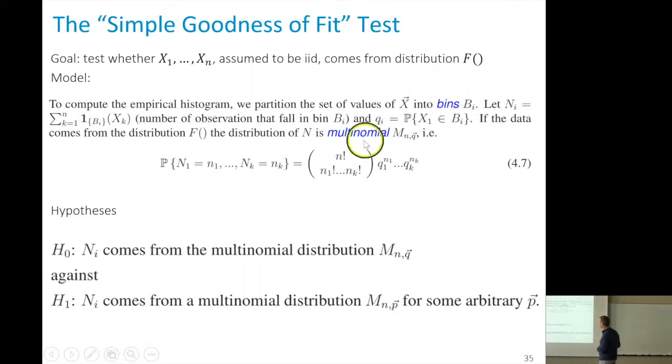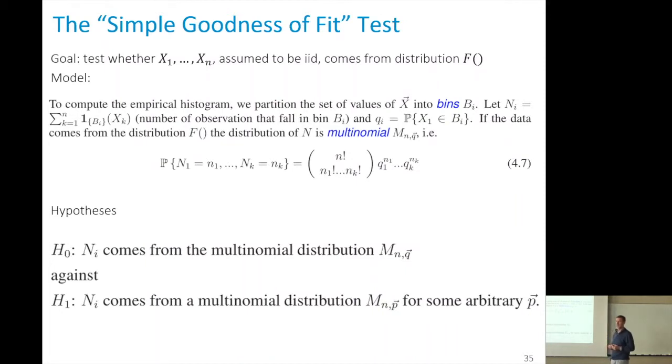What is the distribution of this under H0? Under H0, this is the result of an experiment where I draw something from the distribution F, and then I look in which bin it falls. So it is the same as if I know the probability is qi, drawing something that can take capital I possible values, and the value little i, the bin i, is chosen with probability qi.